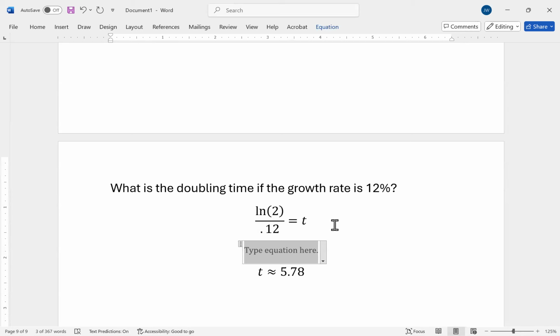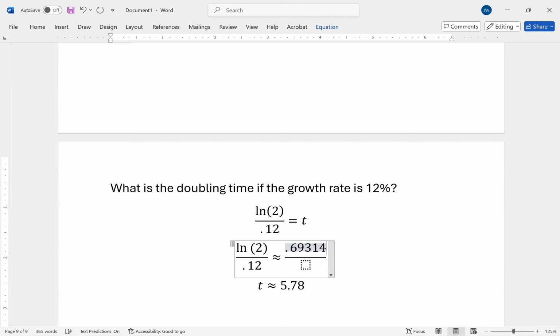The reason that the rule of 70 works is that the natural log of 2, let's take it over 0.12. Well, the natural log of 2 is approximately 0.69. It's 0.6931471806, and then it keeps going and going.